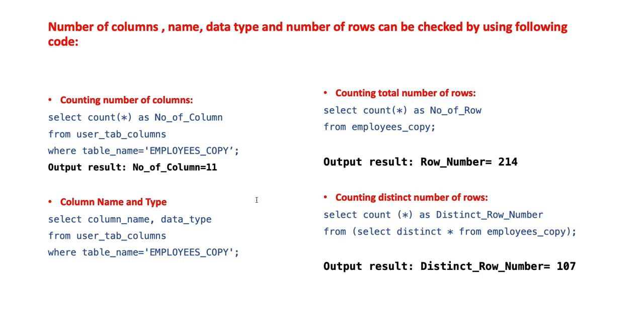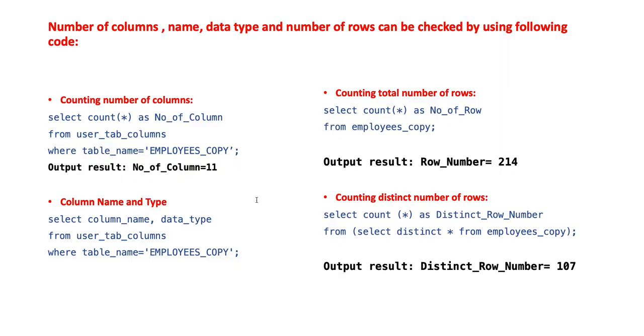I am using the employees_copy table here, so I have provided employees_copy as the table name. When we run this first set of code, it generates a result which indicates the number of columns. In this example, it has given 11.